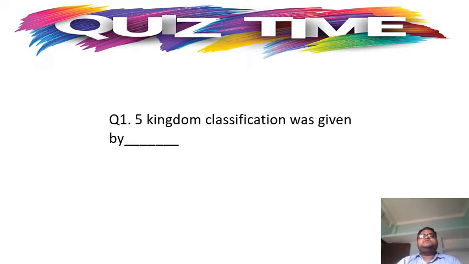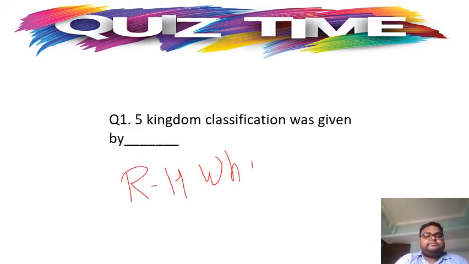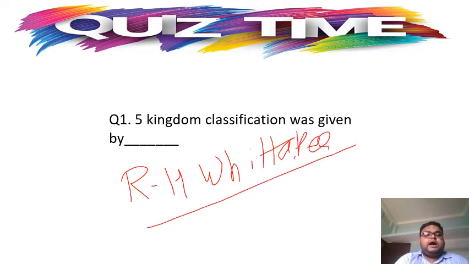Who will answer this question? Right. The five kingdom classification was given by R. H. Whitaker. Okay, students, understood this point? Right. Now let's move ahead.